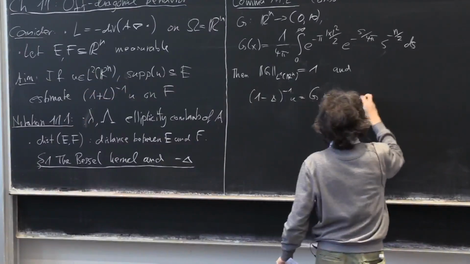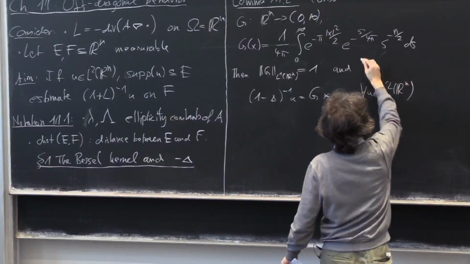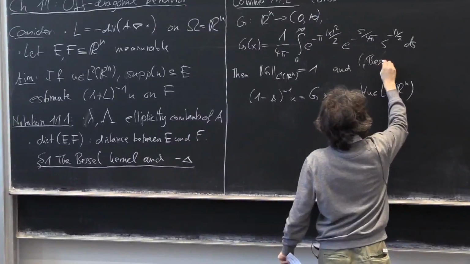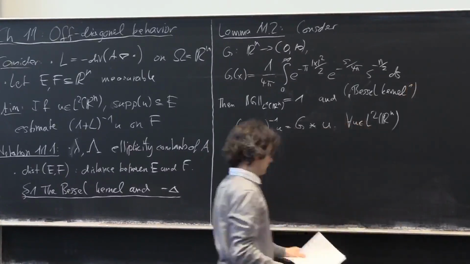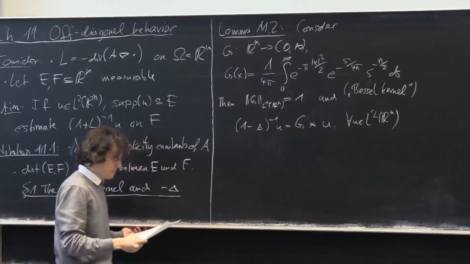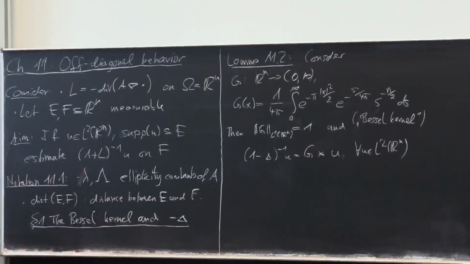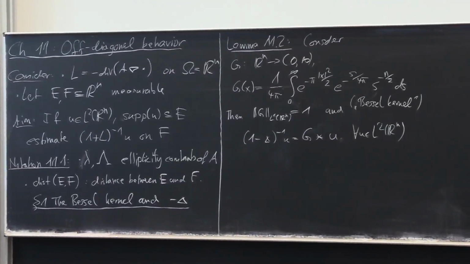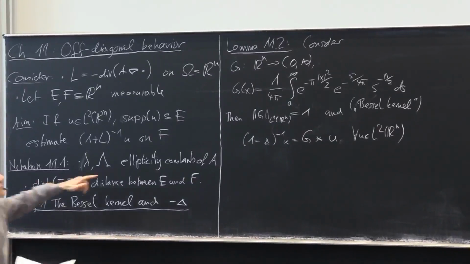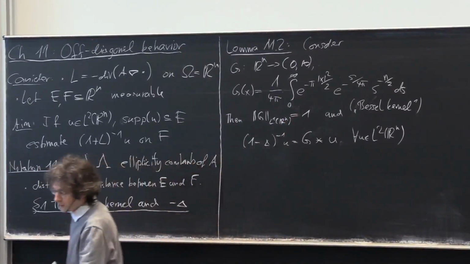That's the reason why this is an important function, and this is the so-called Bessel kernel. I will not prove this in this lecture. We have a very tough program in this 11th lecture, but the first claim is just do the integral and calculate, and you get 1.